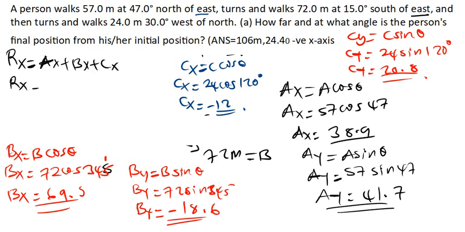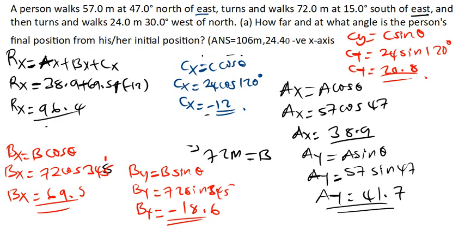Ax is 38.9, Bx is 69.5, Cx is negative 12. So Rx is 38.9 plus 69.5 minus 12, which gives me 96.4.